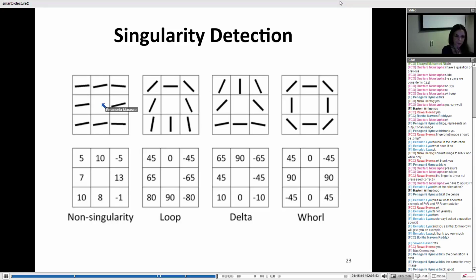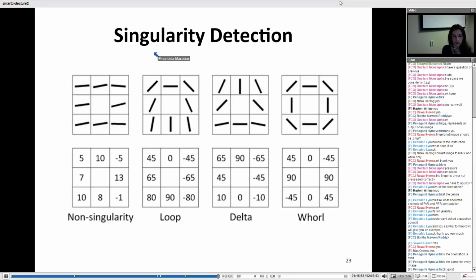This is the orientation portion of the orientation field of a local area in the fingerprint image. This is the pixel of interest where we want to evaluate if there is a singularity point. And these are the 8 neighbors that we consider. We know the output, but we need now to compute it.